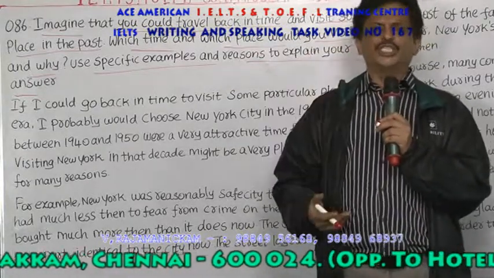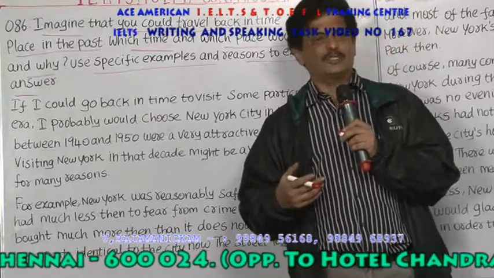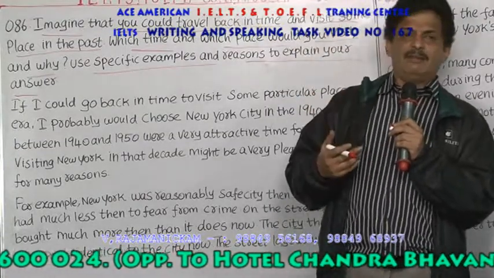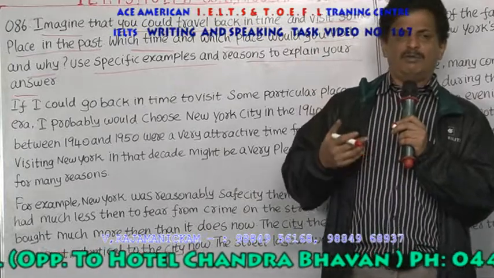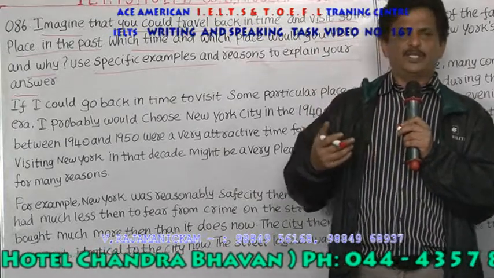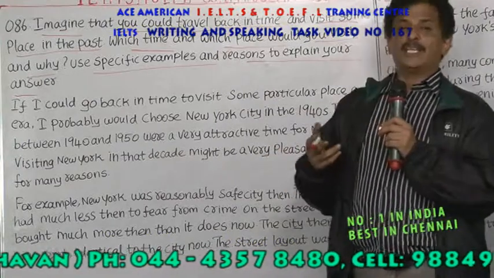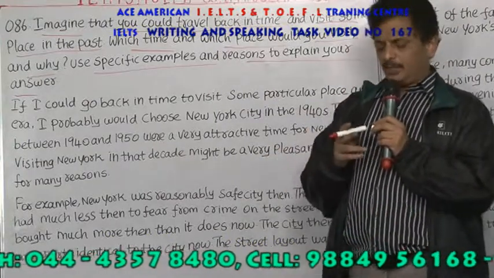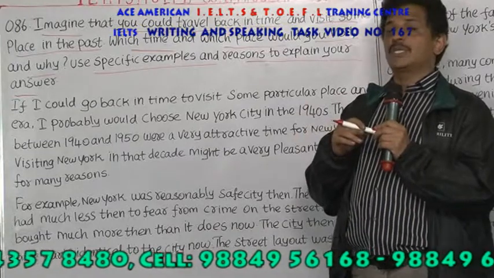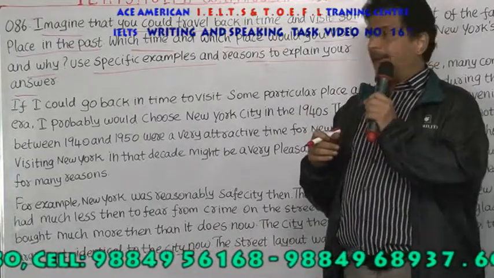So which year and which place would you like to be in, in Rome or in Egypt, whichever place you like to go back to in place and time? You have to mention which place, and why you have chosen that particular place and time.